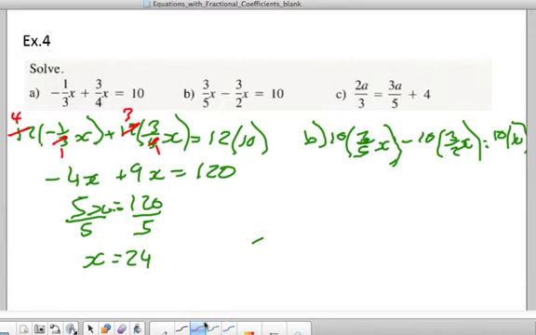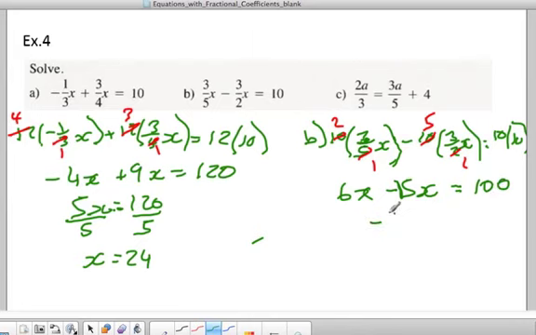So when we simplify, 5 goes into itself once and into 10 2 times. 2 goes into itself once and into 10 5 times. So we end up with 2 times 3x is 6x. Subtract 5x times 3x, which is 15x, is equal to 100.